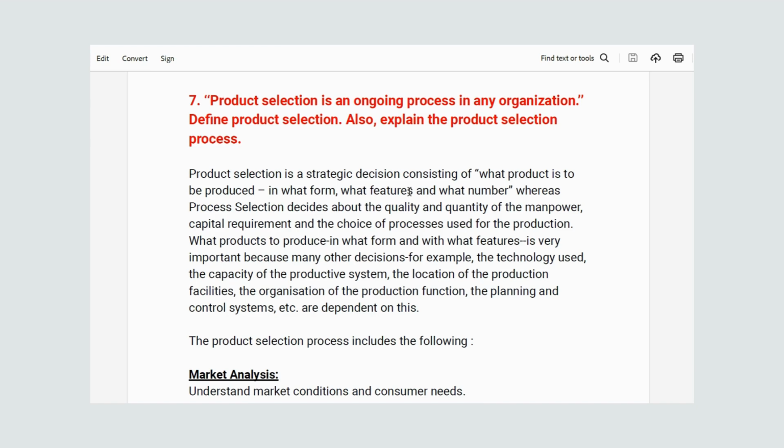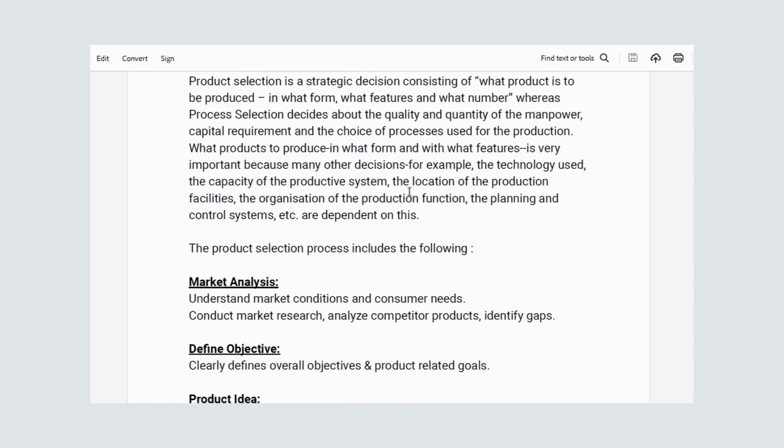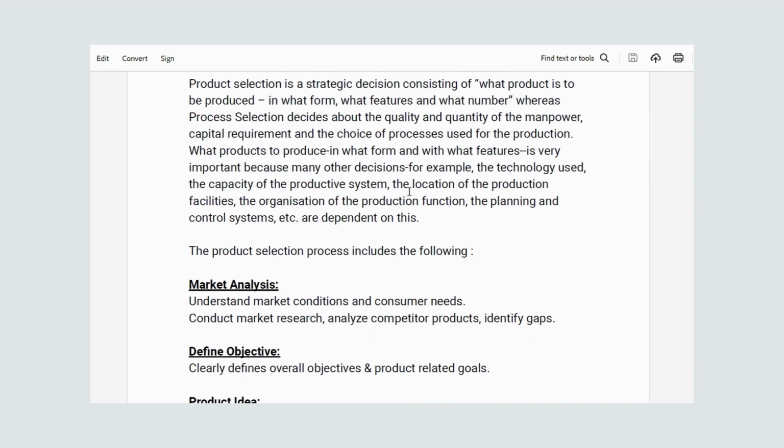Okay, so let's see the product selection process, including all the things that it includes. The first one is market analysis. For doing a product selection process, the first and foremost thing we do is understand the market conditions and the consumer needs. By understanding those needs, we select which product is better for fulfilling that consumer need.